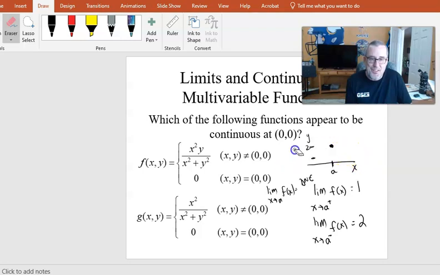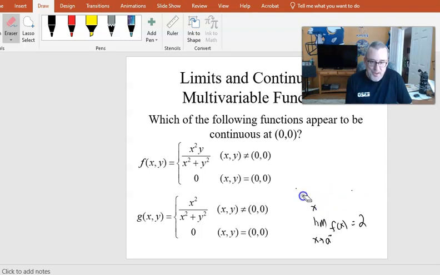How does all of this look, sound, and feel in a two-variable, three-dimensional situation? Now you'll notice we've got a function of two variables, x and y, producing a third dimension, an output value of z, or f of x, y.